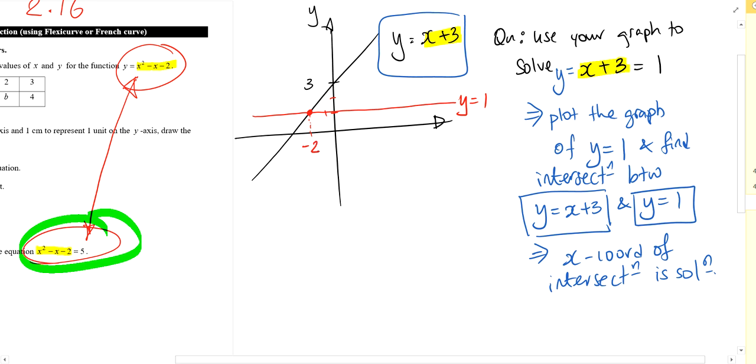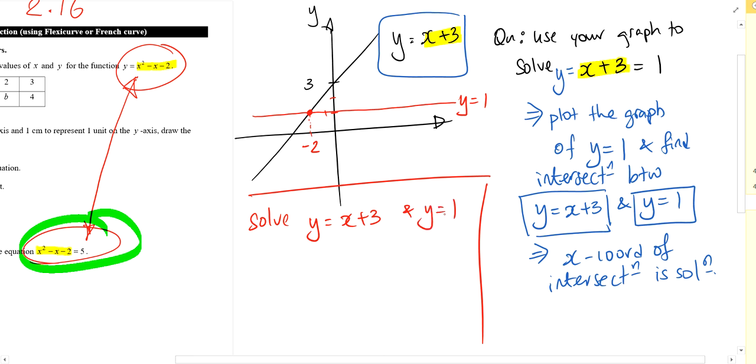Another way to look at it is that suppose you are told to solve y equals x plus 3 and y equals 1 simultaneously. You will let this be equation number 1, and we let this be equation number 2. Solving equations 1 and 2 together, sub 2 into 1.